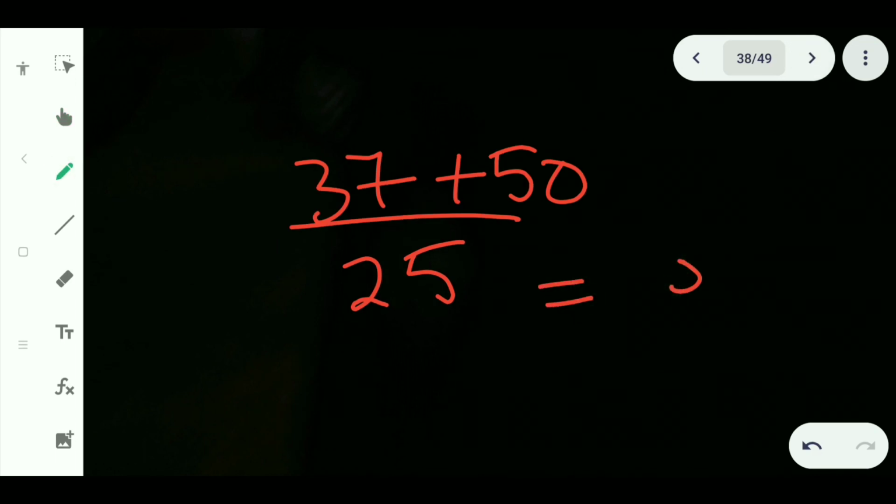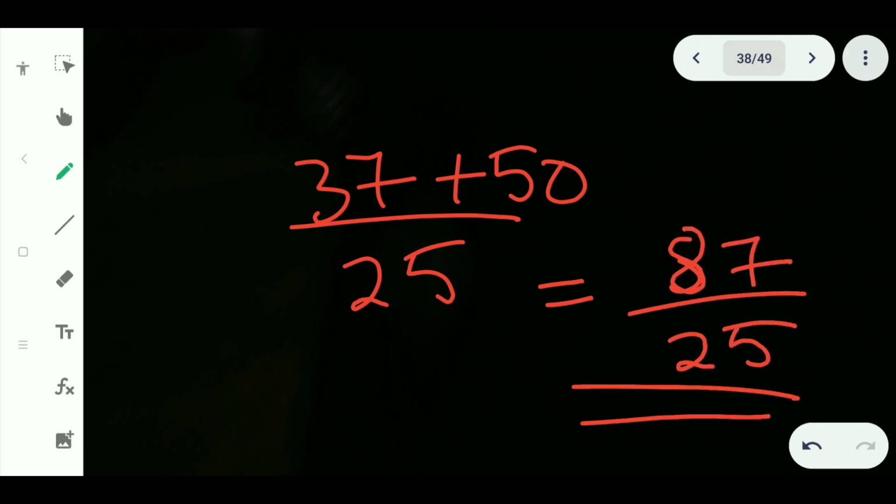So 37 plus 50 is 87 by 25. Here you are getting the final answer, or otherwise you can also convert it into the mixed fraction, that is 3 and 12 by 25. So 3 12 by 25 is also acceptable.